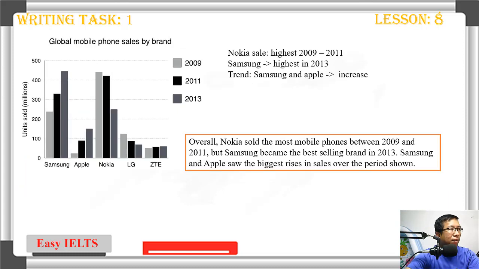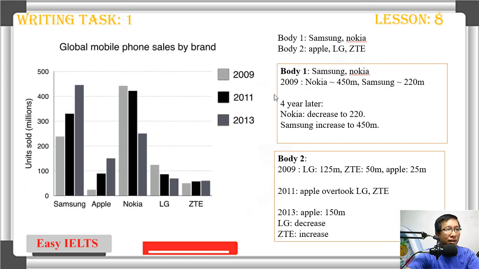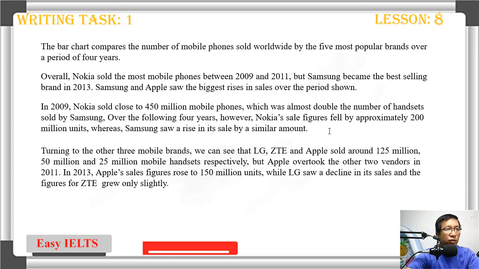If you have the layout like this and you write exactly what your layout is, you get band 6, 6.5, no problem. But if you want to get band 7 or above, you have to use different grammar structures, and try to remember that.